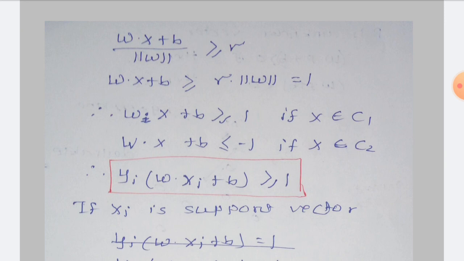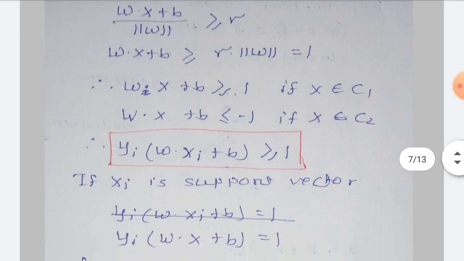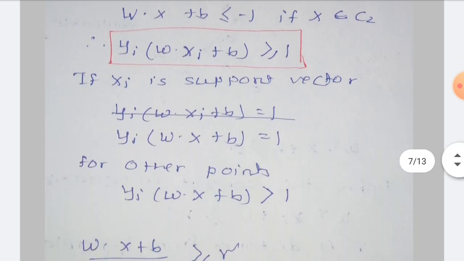By adding yi, we get the equation in this way: yi times (W dot xi + b) is greater than or equal to 1. If xi is a support vector, then this equation will be yi times (W dot xi + b) equal to 1, and for other points this value is greater than 1.